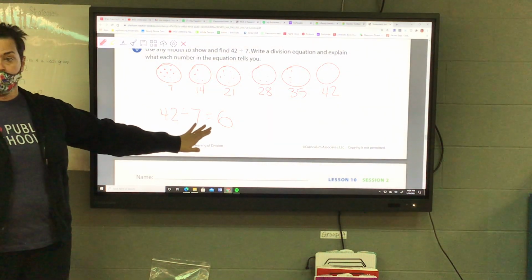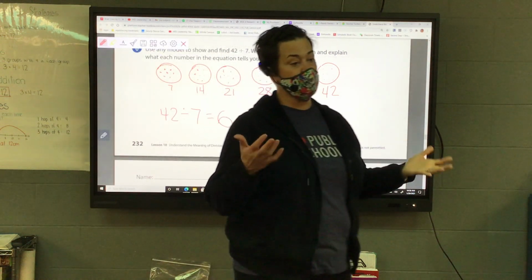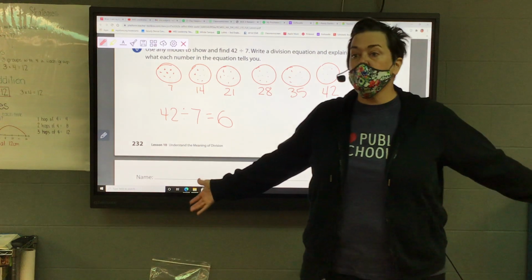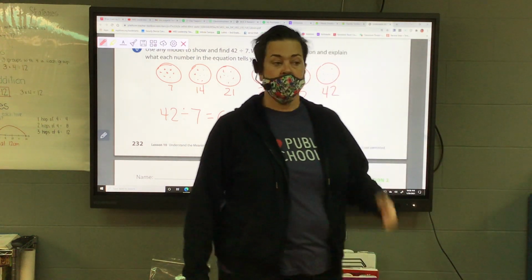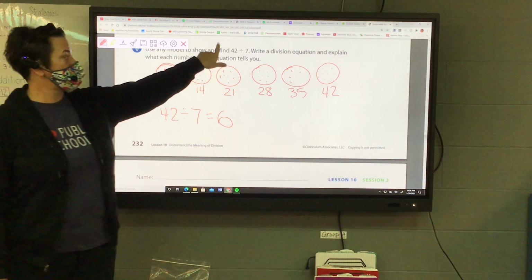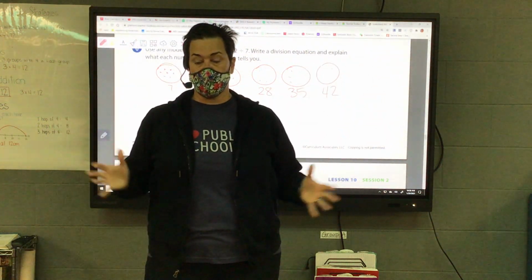Let's break this down, because you have to be able to explain what each of those numbers means in this problem. 42 represents the amount that we start with.